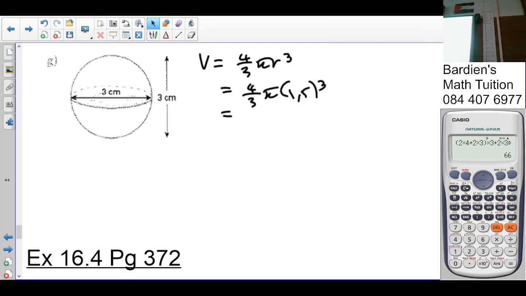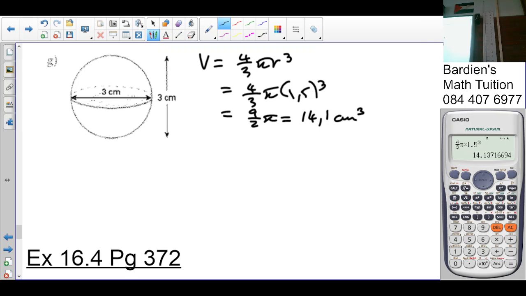So it's 4 over 3 by 1.5 cubed, 9 over 2 pi, which is 14,1 centimeters cubed. The surface area is going to be 4 pi r squared, not so?